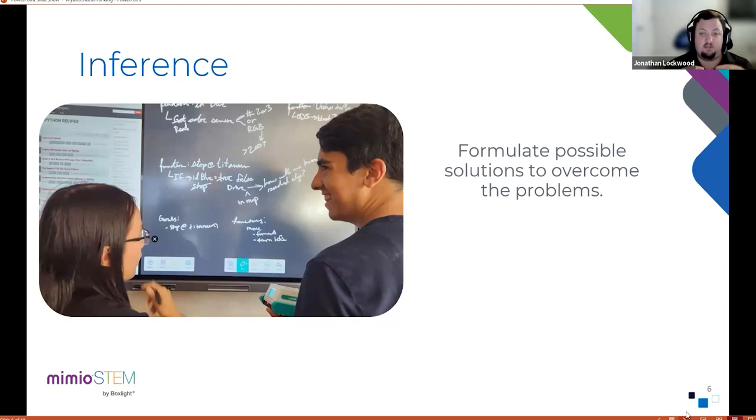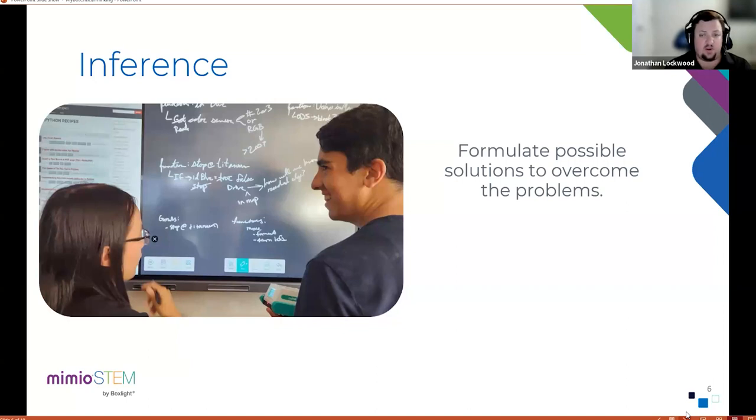Some students might have different levels of experience in programming, depending on what style of programming you're doing, whether you're doing it with blocks or with text-based code. But this is a great chance for students to teach other students how to do things, for you as the teacher to sort of step back and let the learning organically happen.